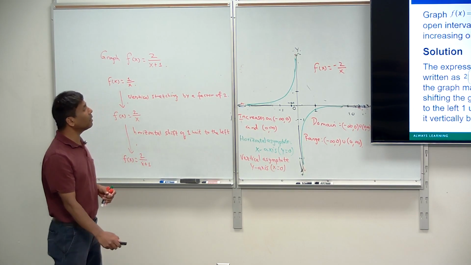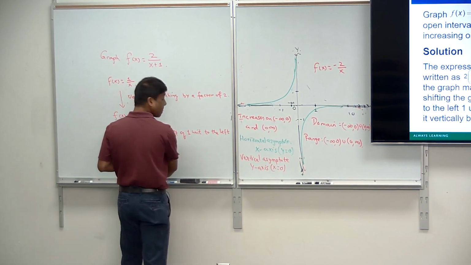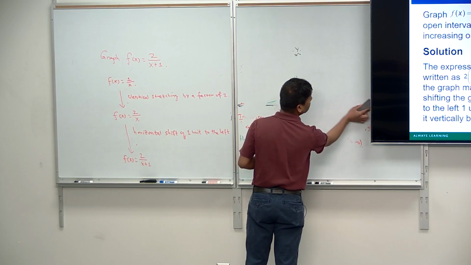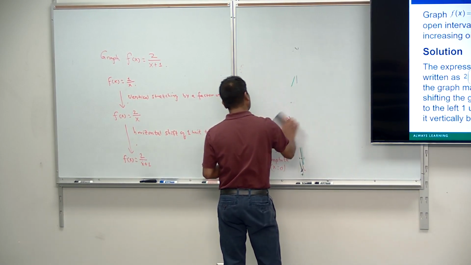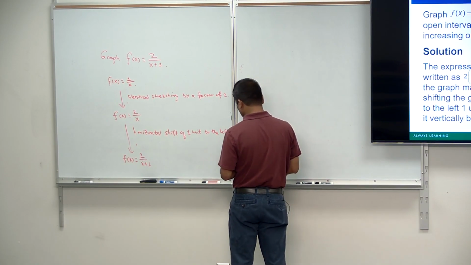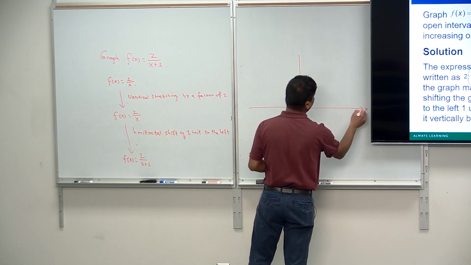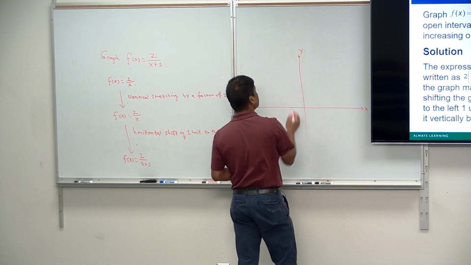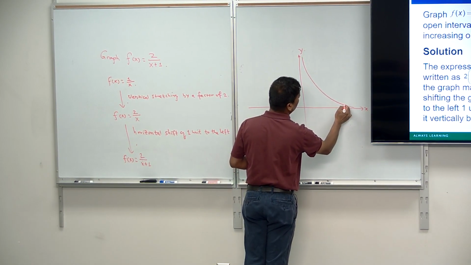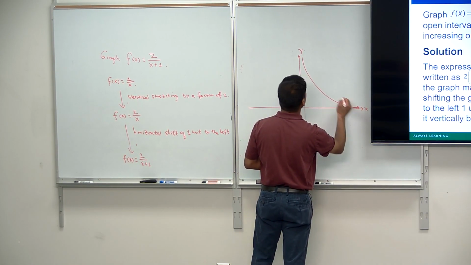So now if you do that, you'll have a graph like this, okay? So this is your x-axis and this is your y-axis. The graph of y equal to 1 over x looks like this.